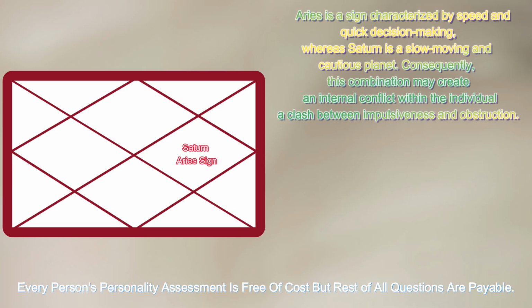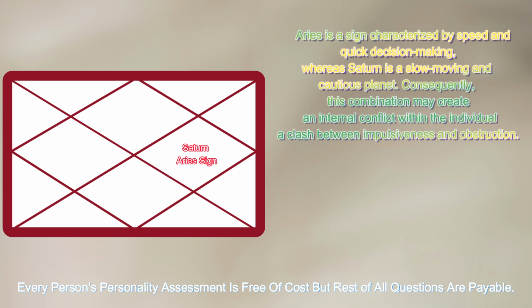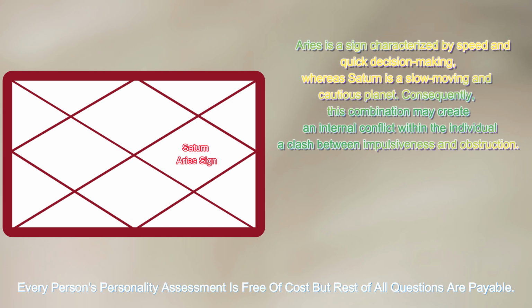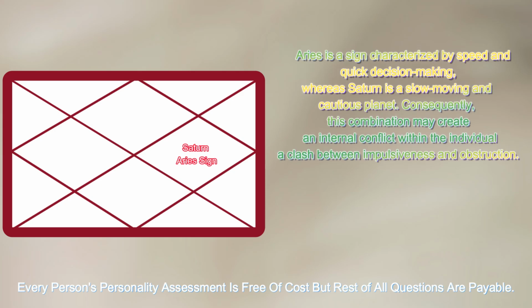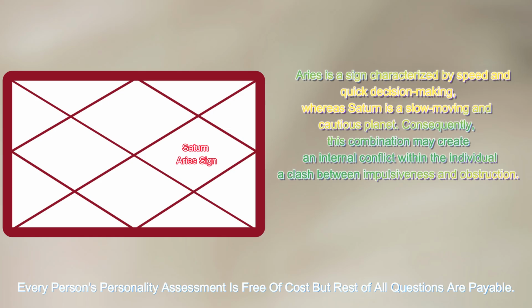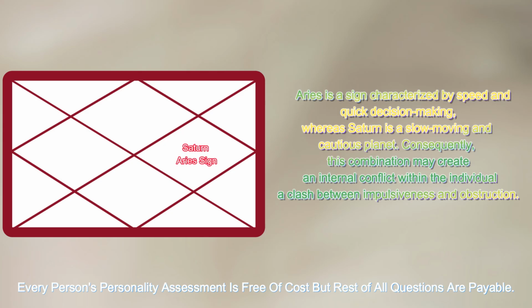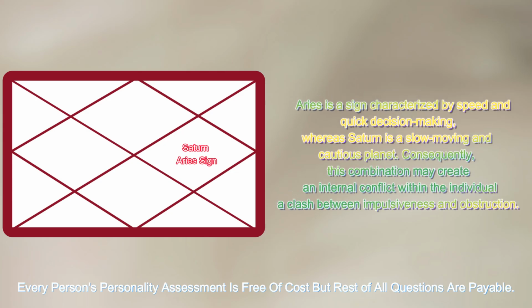Aries is a sign characterized by speed and quick decision-making, whereas Saturn is a slow-moving and cautious planet. Consequently, this combination may create an internal conflict within the individual, a clash between impulsiveness and obstruction.